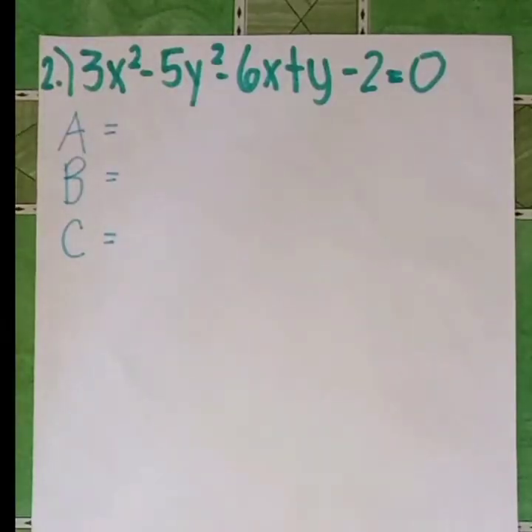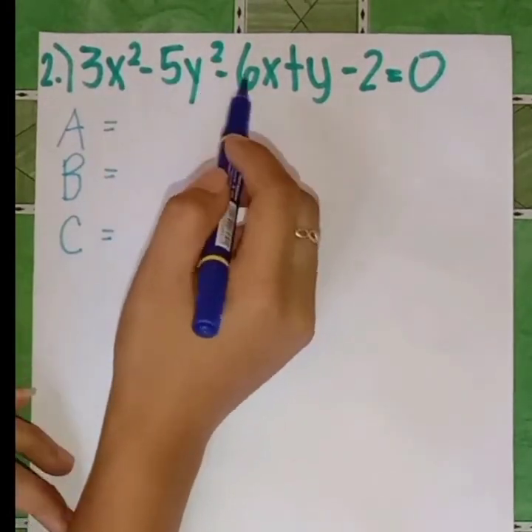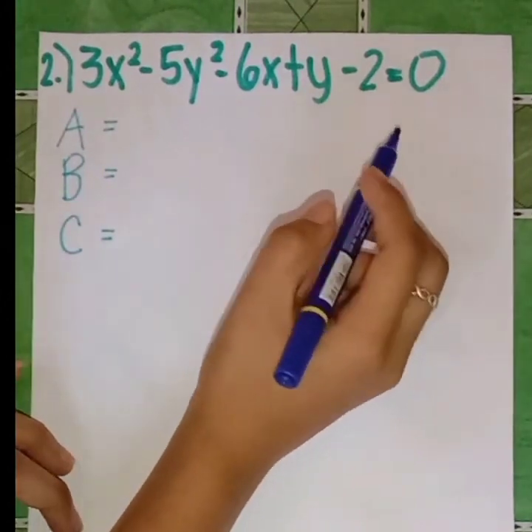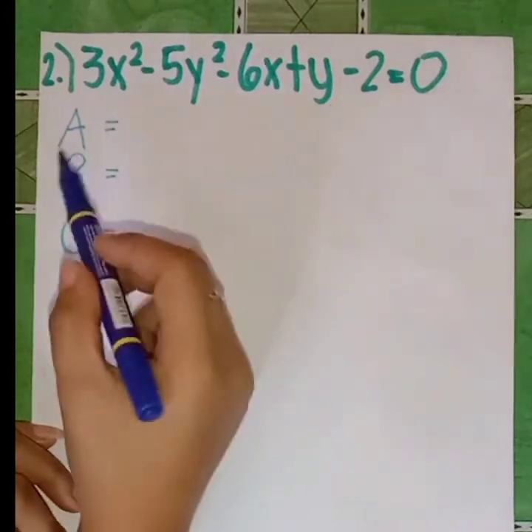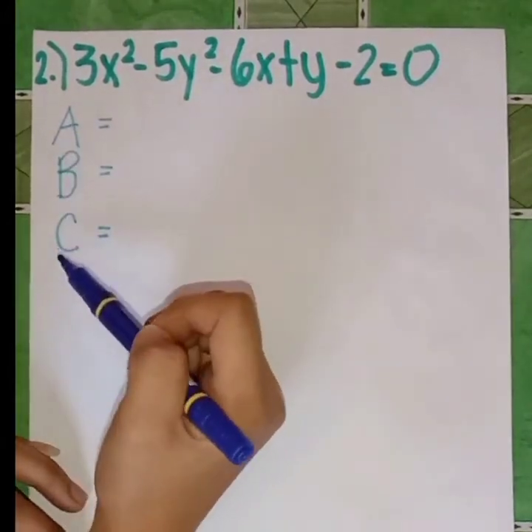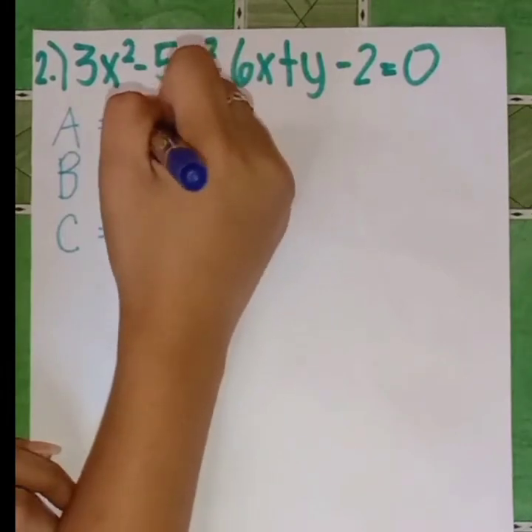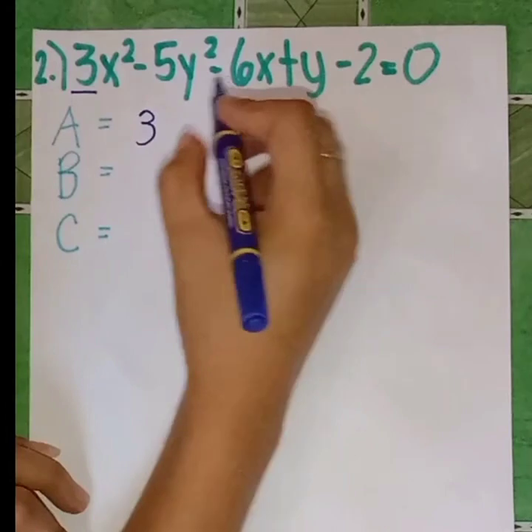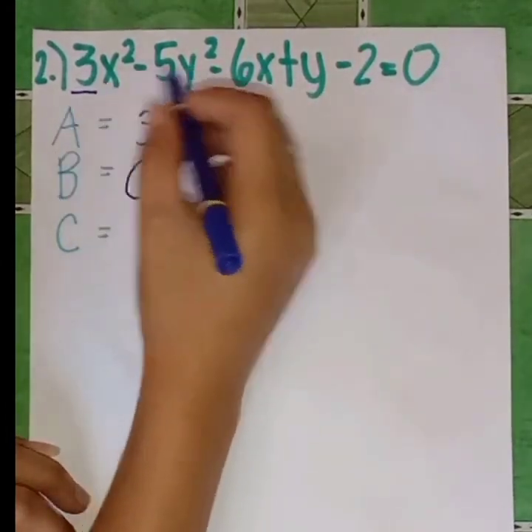Another example is 3x squared minus 5y squared minus 6x plus y minus 2 is 0. First, we will identify the coefficients A, B, and C. Coefficient A contains positive 3. Our coefficient B contains 0 since there is no xy here.